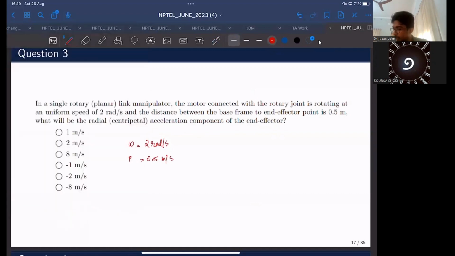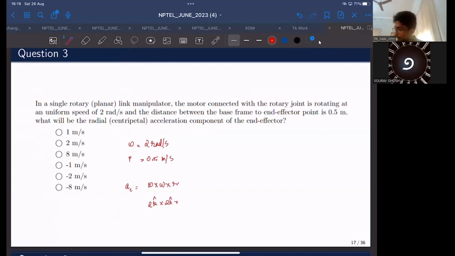We know the radial or centripetal component would be omega cross r, right? So what is omega? We basically know that omega is always expressed with respect to the z-axis. So omega would be 2k, right? 2k cross the link length. With respect to which axis do we specify the link length?